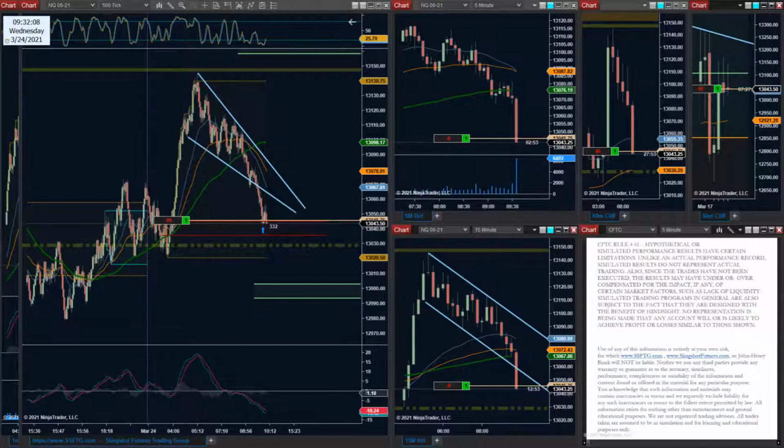Retesting this area again. Oh, they chucked that low. Did you see that quick little trap that they did there? How many people do you think had their stop just underneath that low? Just to get whipped out and see it pop 20 ticks. Oh, man.